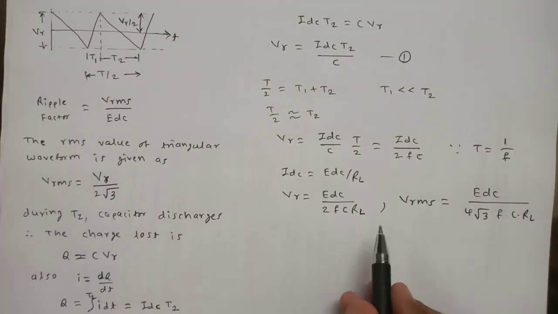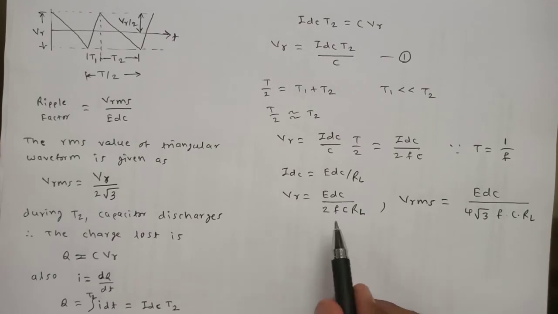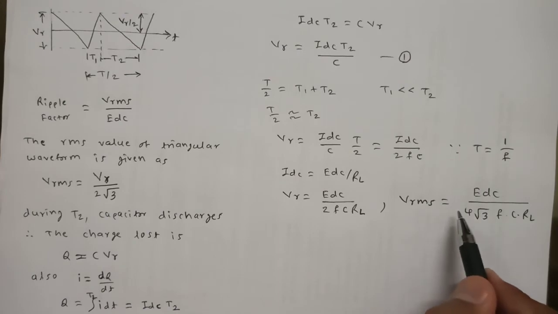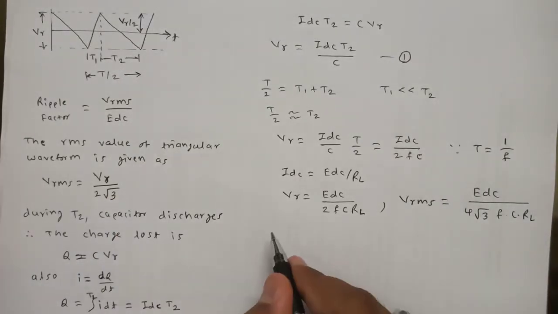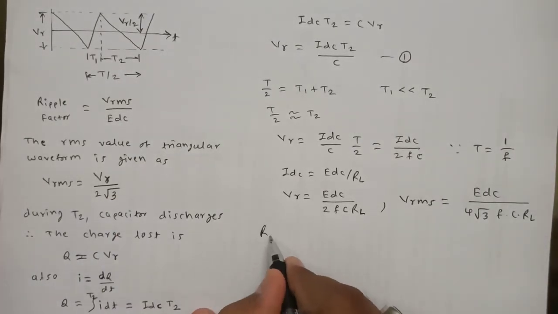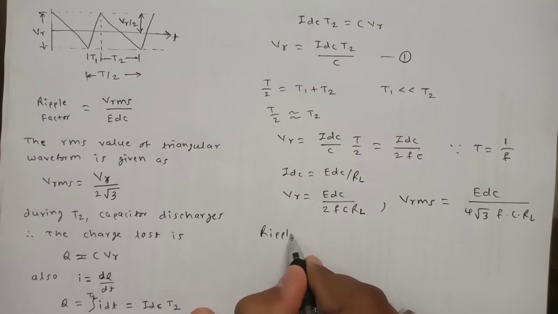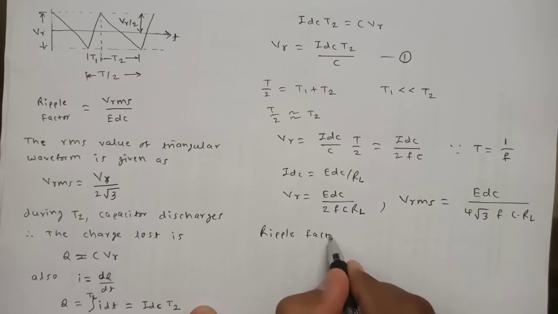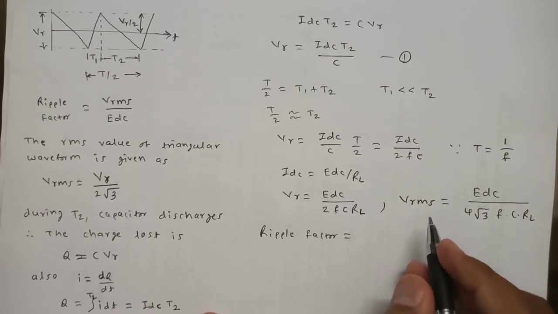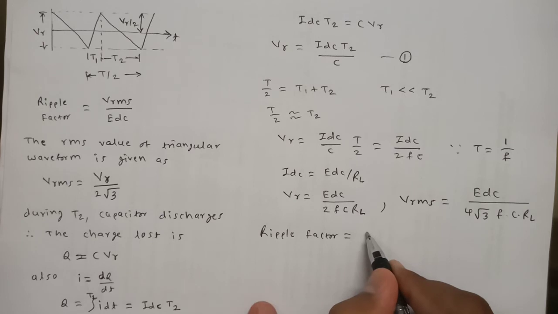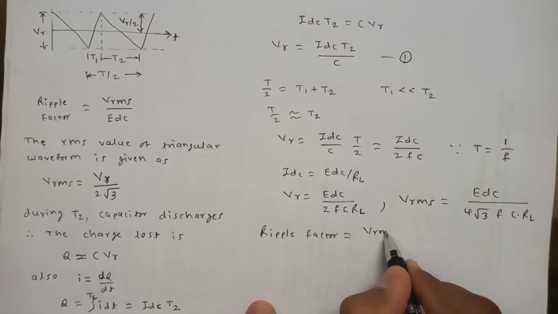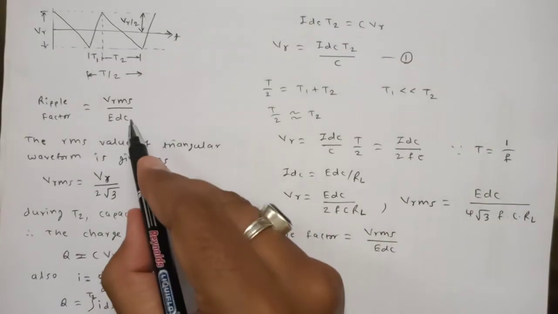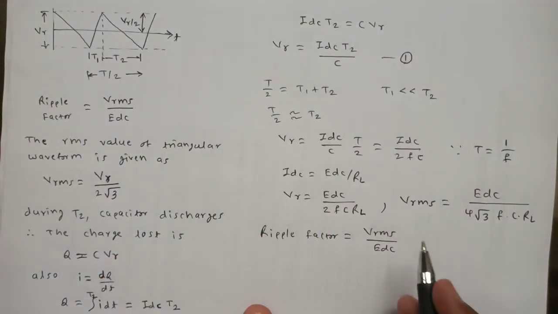After this, almost it is done. What we have to do is get the equation of ripple factor by putting the VRMS here. Now the ripple factor equation. This is the case of a full wave rectifier. The ripple factor, as we know, is the expression Vrms divided by EDC. This expression I wrote at the very start and explained how it came.